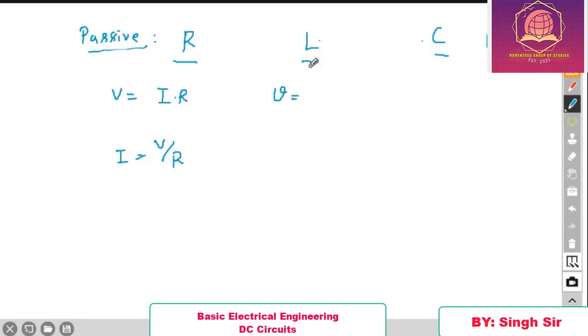The voltage of an inductor is given by L di by dt, and the current of the inductor is given by 1 by L integration of V dt. I'm not giving the complete explanation, so don't worry, it will be very easy when you see it in your second module.